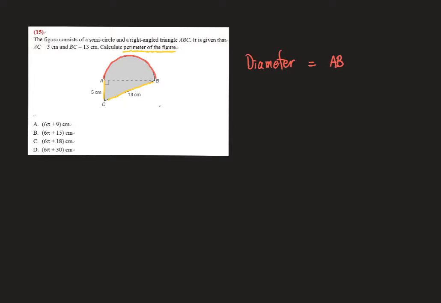And how to find AB? If we take a look at this part of the figure, actually, this one is a right angle triangle. So we can apply what we learned in Pythagoras theorem. AB squared plus 5 squared equals 13 squared.